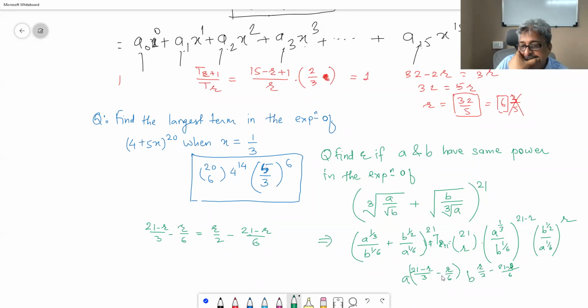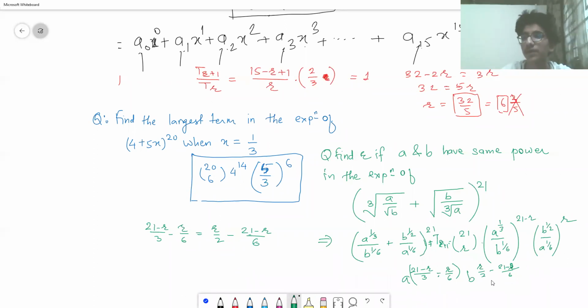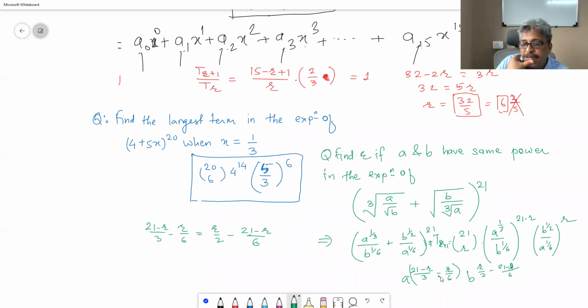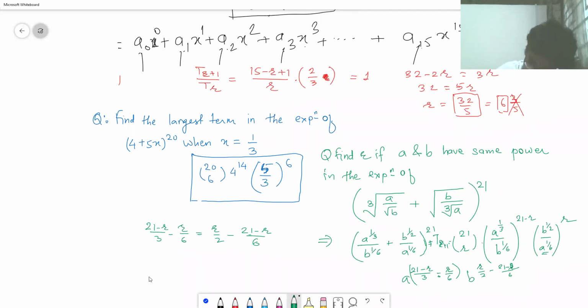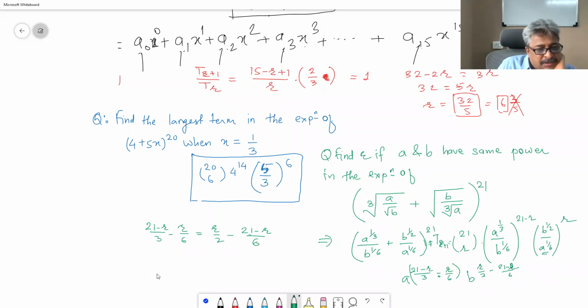This is minus because a is in the denominator here. Yes, sir. So if we make the denominator 6, now let me remove the constant terms.